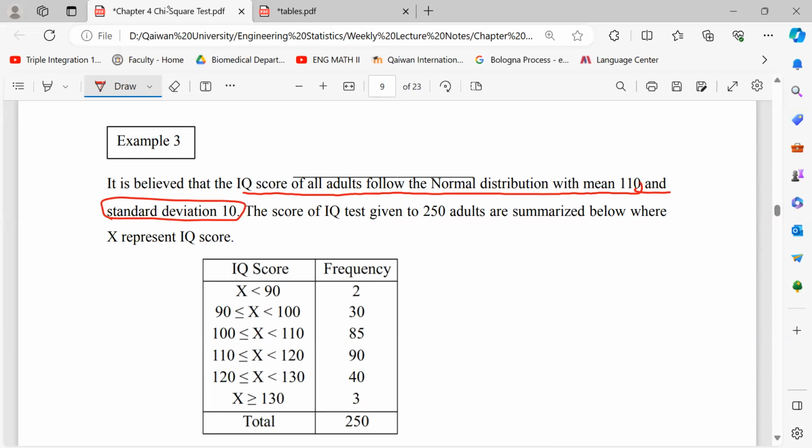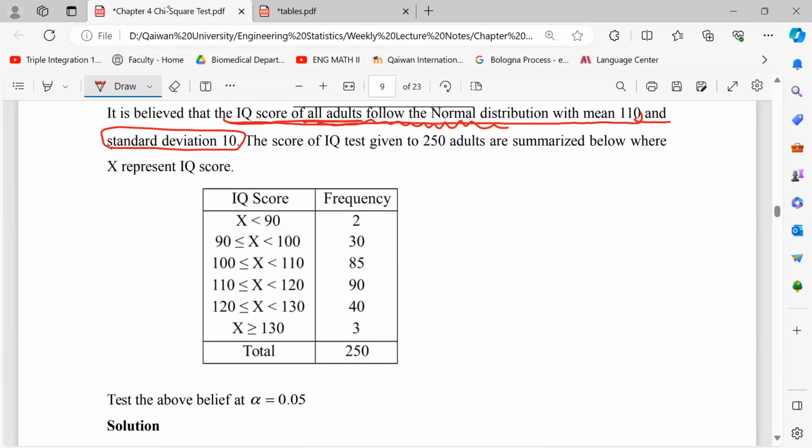What's the alternative hypothesis? If that statement is not true, meaning the IQ score of adults doesn't follow the normal distribution. If you know what H naught is, you know what H1 is.